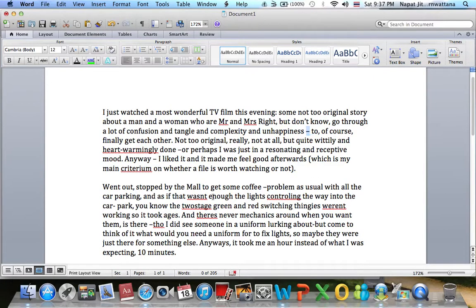Also, we can see the use of commas throughout the extract, and the commas that they are using actually follow the rhythm of the speaker when they are speaking. So blogging is like the way you narrate a story. You are speaking, but you are putting your words onto the computer screen, and that's why it looks like this.